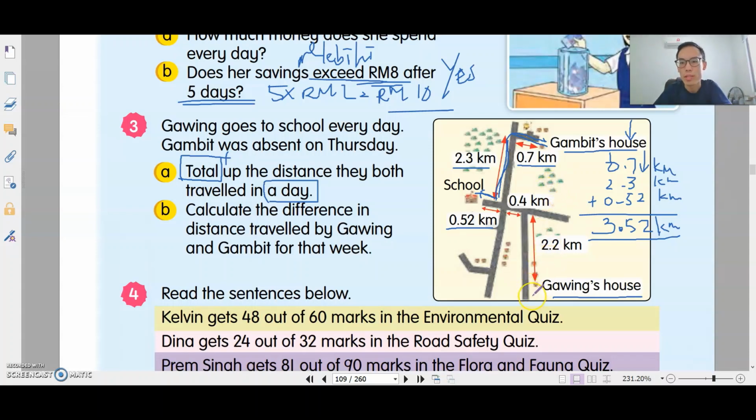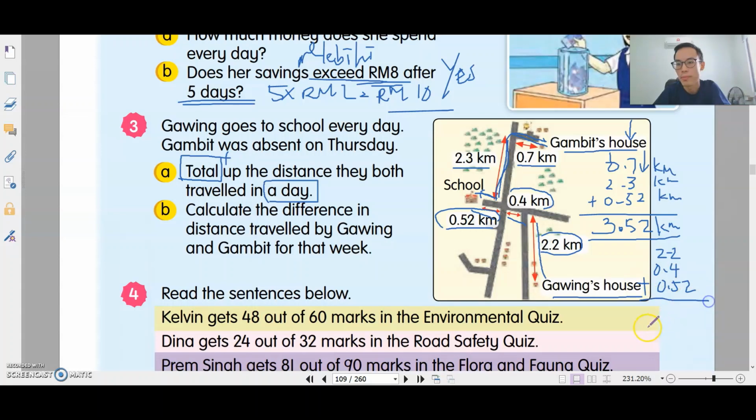Okay, what about Going's house? Over here is 2.2 km, and then it crosses the road here 0.4, and then to the school 0.52. So 2.2 plus 0.4 plus 0.52.